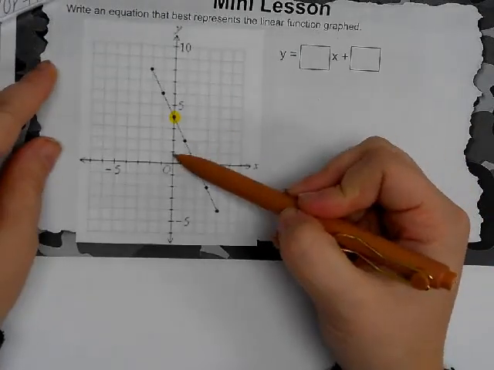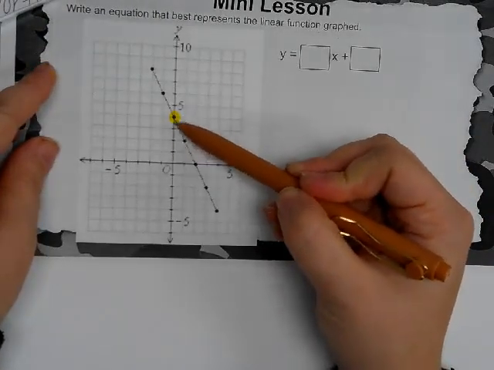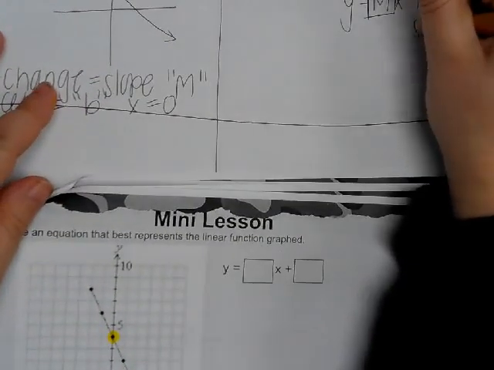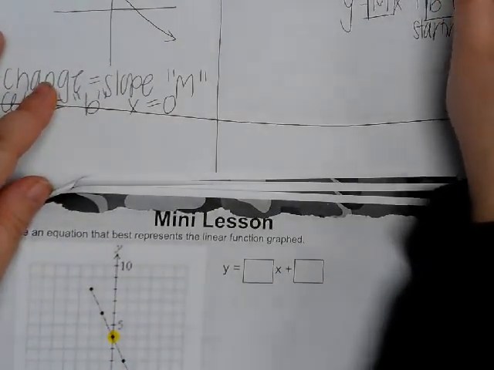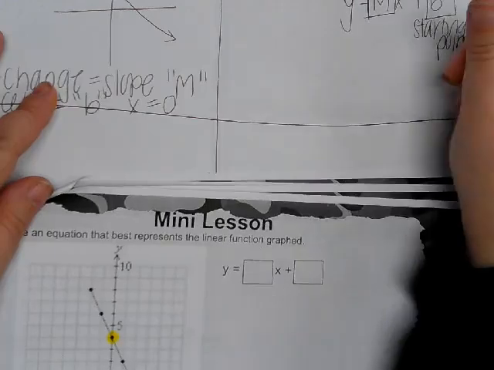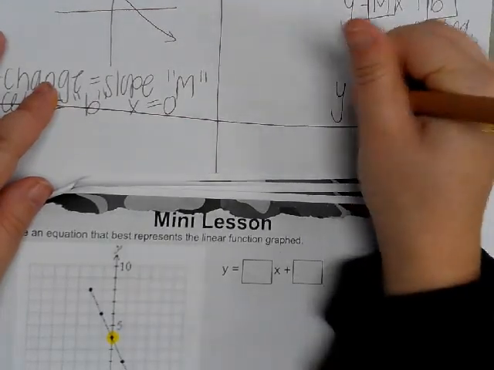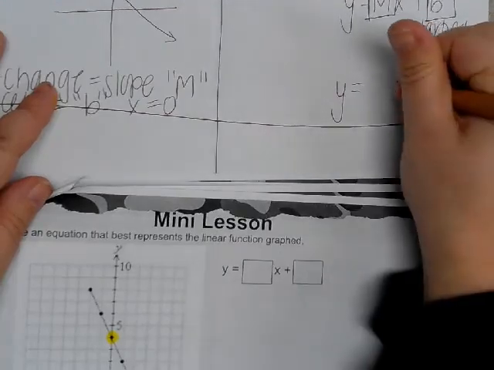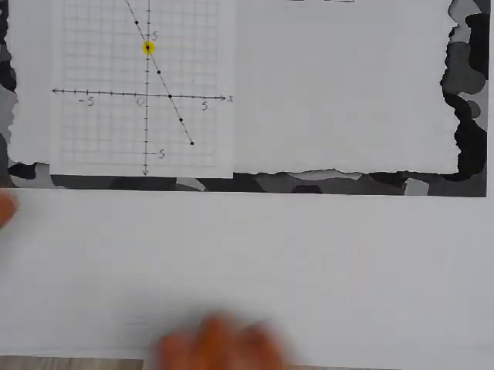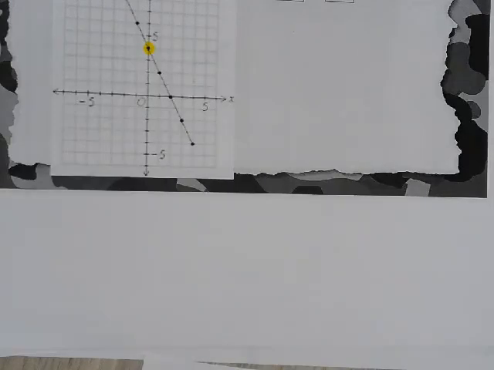So if I notice, my starting point's at 1, 2, 3, it's at 4. So we know that b equals 4. We still have to find our slope though. So I like to use my point slope formula.